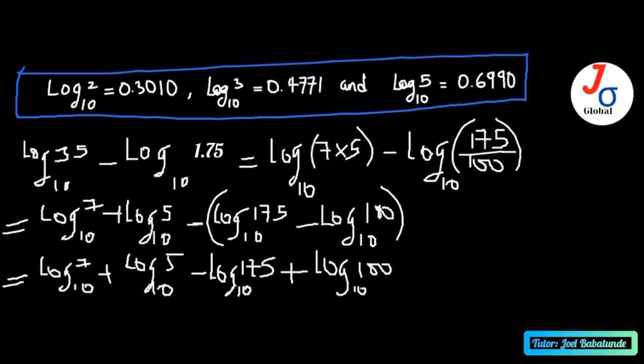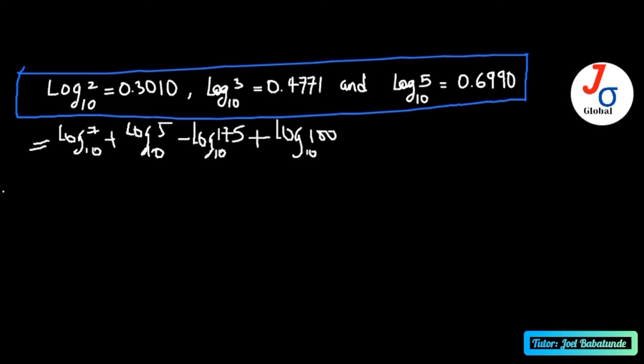All right, so we have to simplify this. We have log 7 base 10 plus log 5 base 10, then 175: 25 times 7 is 175.